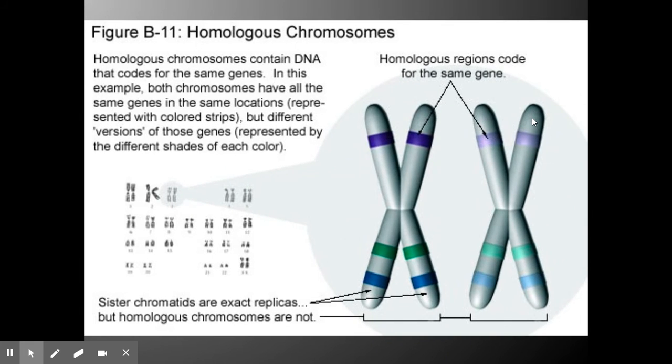Okay, I'm going to talk a little bit about homologous chromosomes as well as genes and whatnot. On your homologous chromosomes is your DNA, and the way that your DNA is wound up on each of those is the same each time for everything.